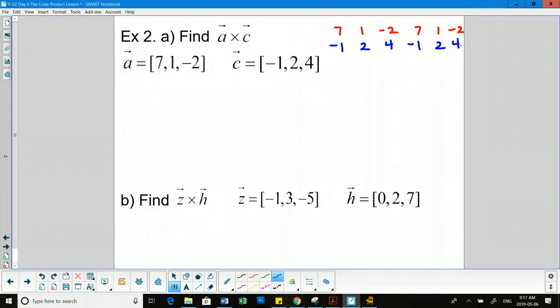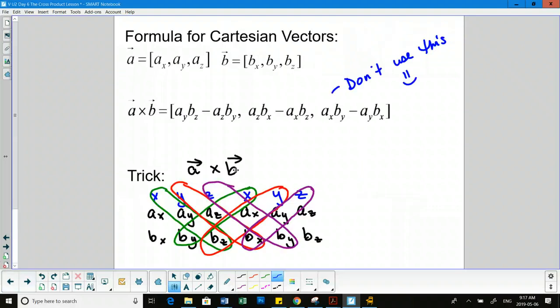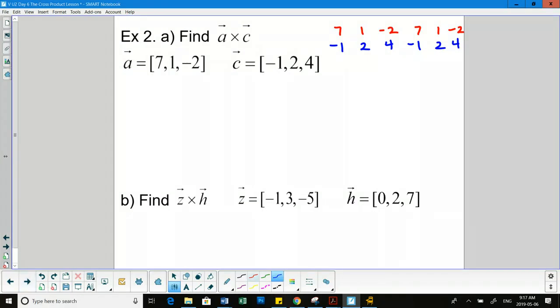Okay, and you'll notice from our little thing that we did over here, do I use the AX, BX components or the AZ, BZ components that are on either end here? I actually don't use those. So you could go ahead and cross out this and this because we don't need it for our cross product.